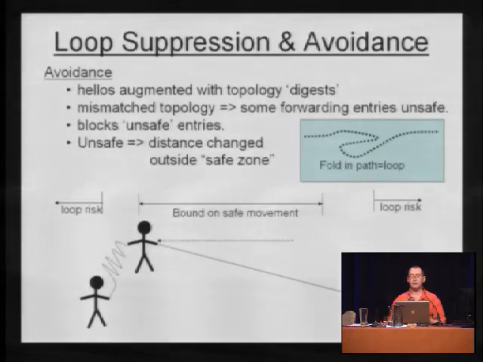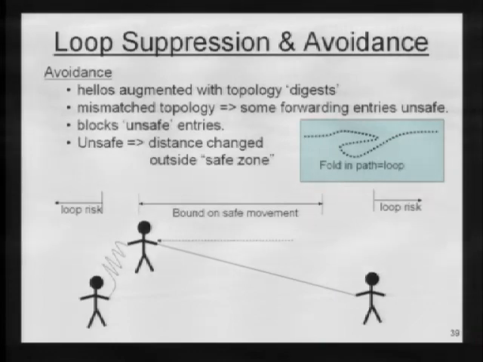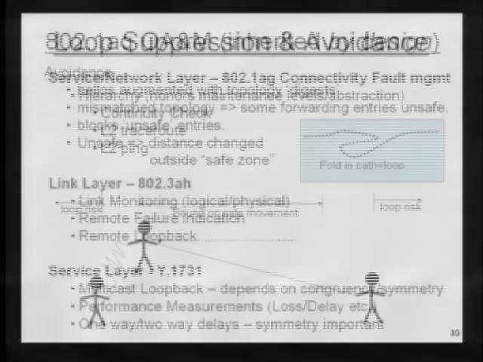So in other words, I allow a certain amount of slack in the distance that this thing is allowed to move, and if everybody agrees what that slack is, then they can never fold, and I can partition the entries into safe and unsafe based on that. This is a fairly deep topic. There's a whole lot of material on the proofs of correctness of this, and if somebody is really interested in going into it in detail, we can give you some material on it.